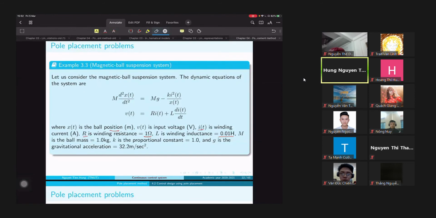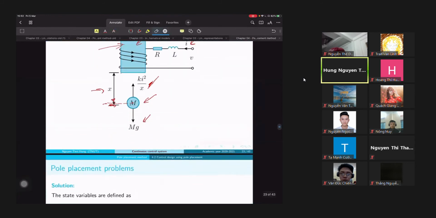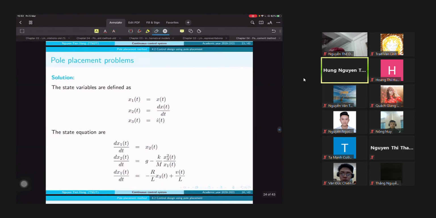We can define the state variables for this system, and we define this in three variables. The first one, x1, is x, meaning that it is the position of the ball.